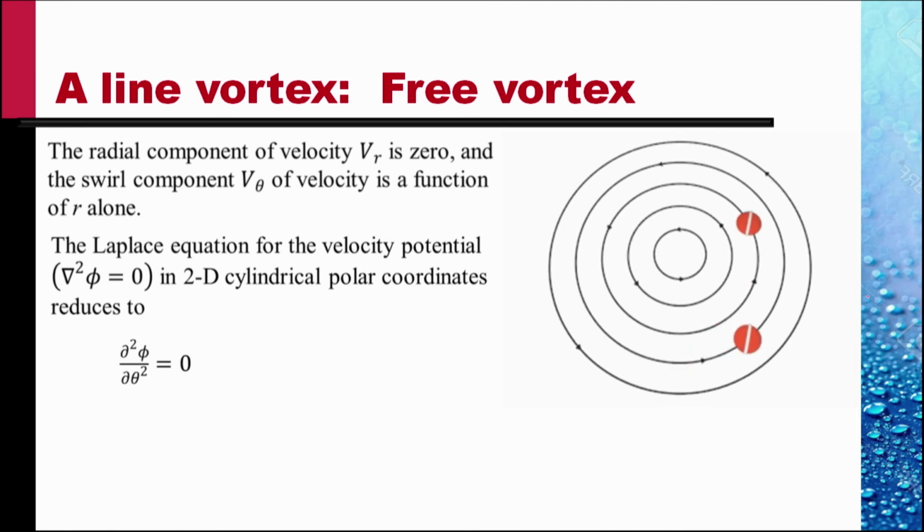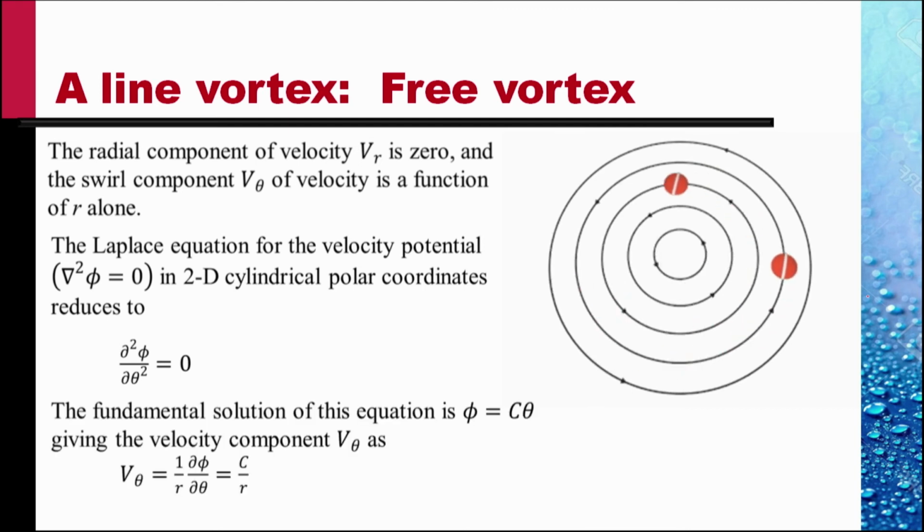The Laplace equation for the velocity potential in 2D cylindrical polar coordinates reduces to del square phi by del theta square is equal to 0. And the fundamental solution is phi is equal to c theta up to an arbitrary constant, which gives the velocity component v theta as 1 over r del phi by del theta, as c divided by r.